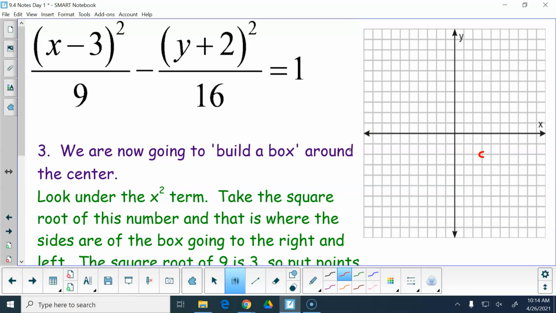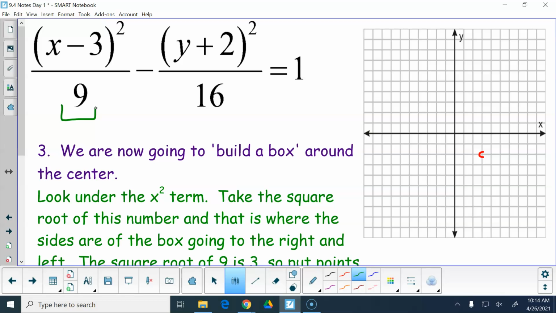Okay? So the first thing that we need to do is look underneath the x squared term. We're going to take the square root of that number, much like we did with an ellipse, right? And that's going to tell us where the sides of the box are going to be, left and right. Okay? So 9 is underneath the x squared term, so the square root of 9 is 3.